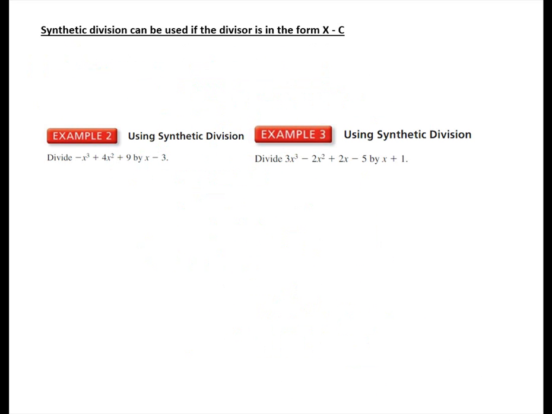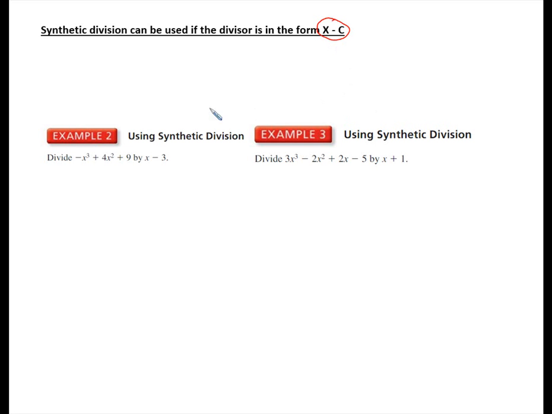So you notice long division is quite a lengthy process. So another way to divide polynomials is a method called synthetic division. Okay? But you can only use synthetic division if you're dividing by something in the form x minus c.